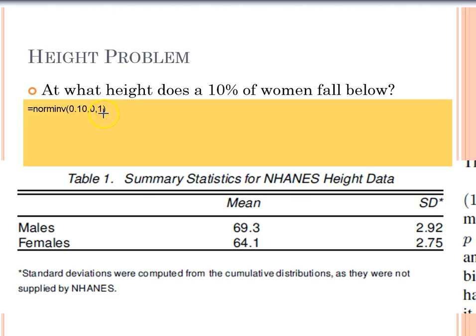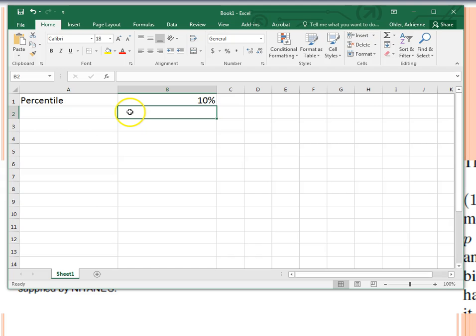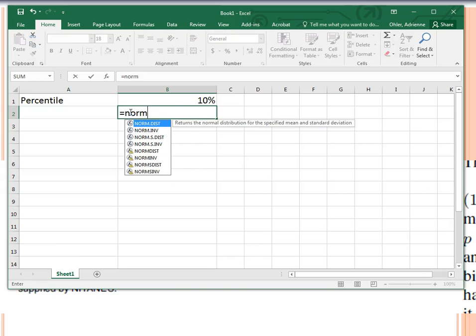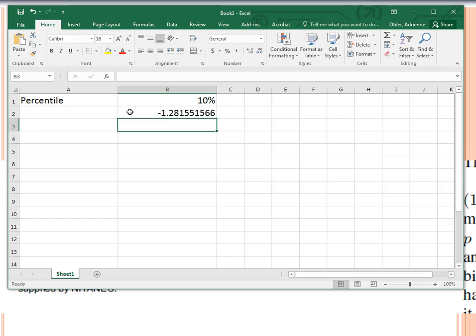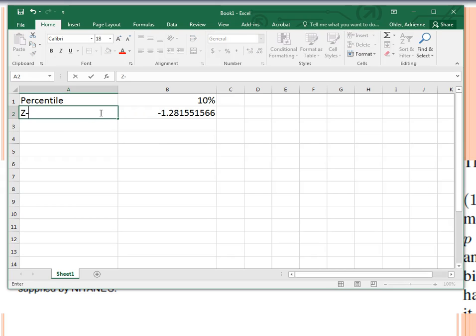So these second two numbers will always be the same, 0 and 1. So pulling up an Excel spreadsheet here, we can type in the norm inverse, open parentheses, and our probability is going to be 0.1, so we're looking for the lower 10%. The mean is 0, the standard deviation is 1, and then this gives us our z-score that's associated with that lowest 10%, so negative 1.28.